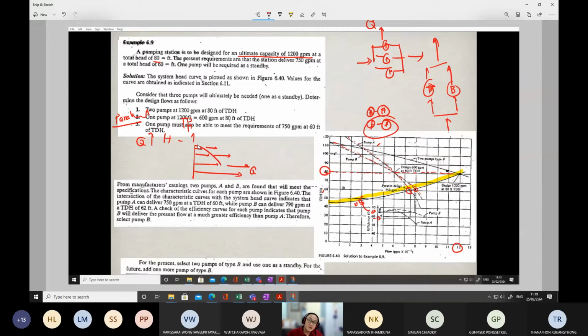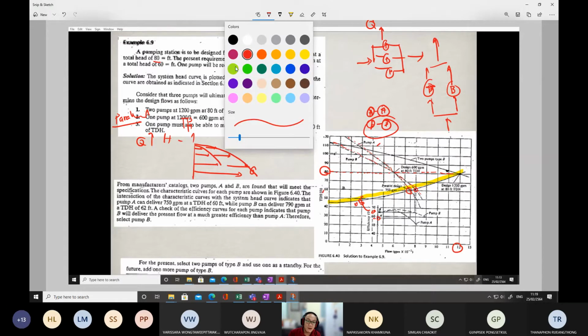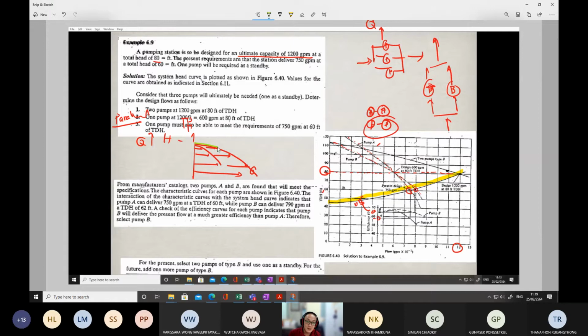After joining two pumps with each other, the pump curve will need to be modified to be something like this. This is the modified pump curve, for two pumps connected in parallel, not in series.